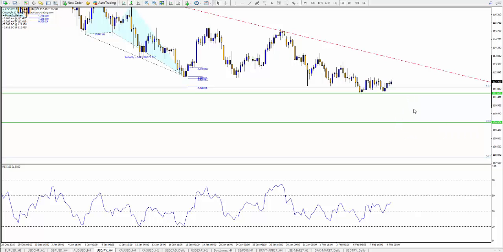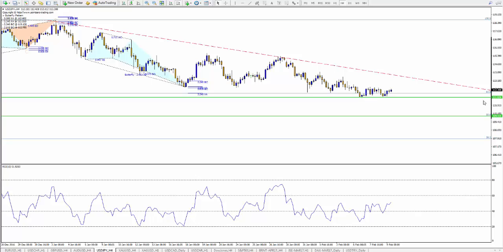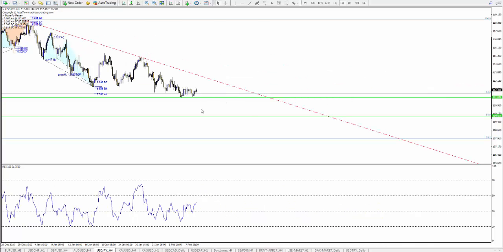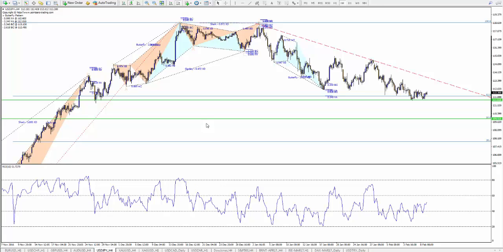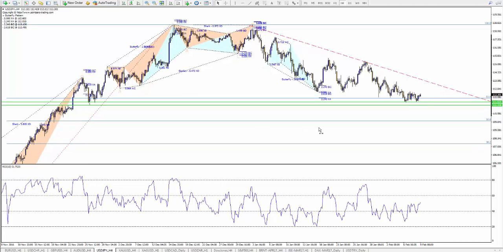So a fallback is not a bad idea. The market's got room to buy at this 50 region, which is the 110 level. It's at 112.30, so I'm not sure if it'll fall that far down, but maybe just slightly tease us with a breakdown of this line, or even just hang in there. Coming down to 111.40, around that region there.